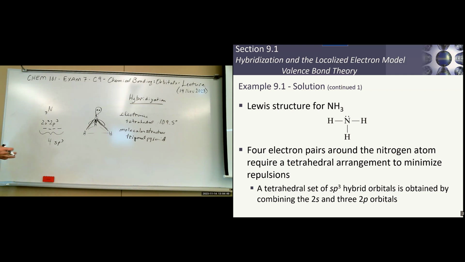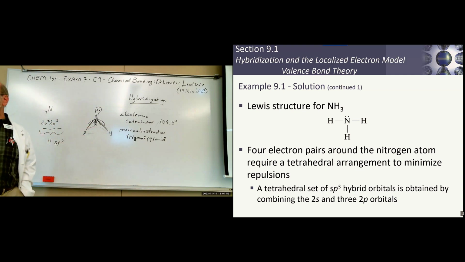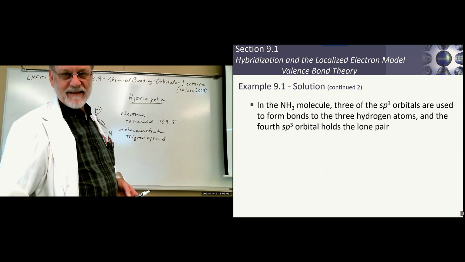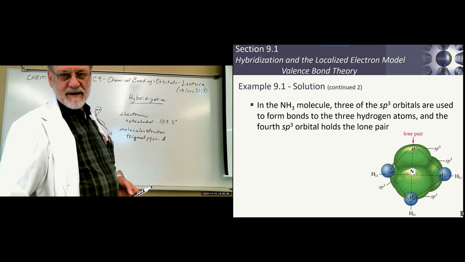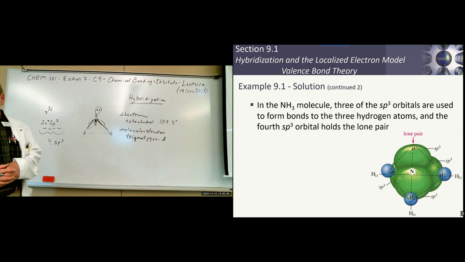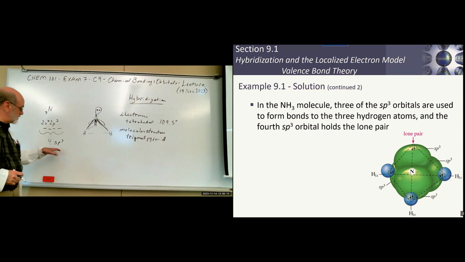So we're basing our model, our hybridization, upon all the electrons, bonding and lone pairs. So that's what it would look like. And the lone pair is in one unused sp3 orbital.